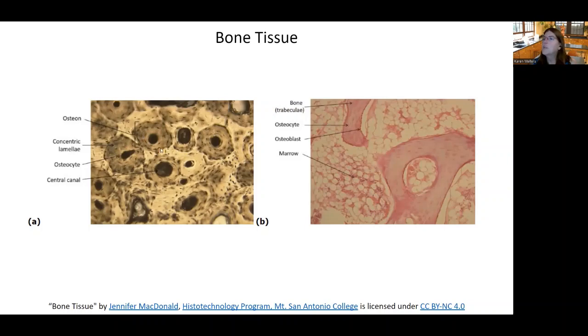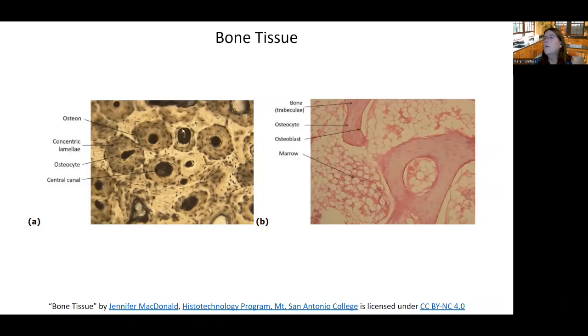The little dark spots that you see there are actually the bone cells, the osteocytes, and they live within a space. When you zoom in a little closer, the space around them is known as the lacuna. Now, this is compact bone. You would find this around the edge of the bone and also at both ends of your long bone.